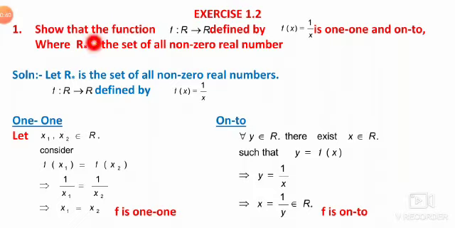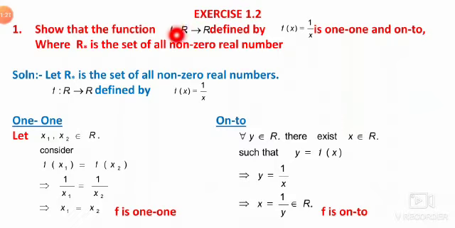The first example: show that the function f from R star to R star defined by f of x is equal to 1 by x is 1-1 and onto, where R star is the set of all non-zero real numbers. My dear students, in this function the domain is R star, that is the set of non-zero real numbers.